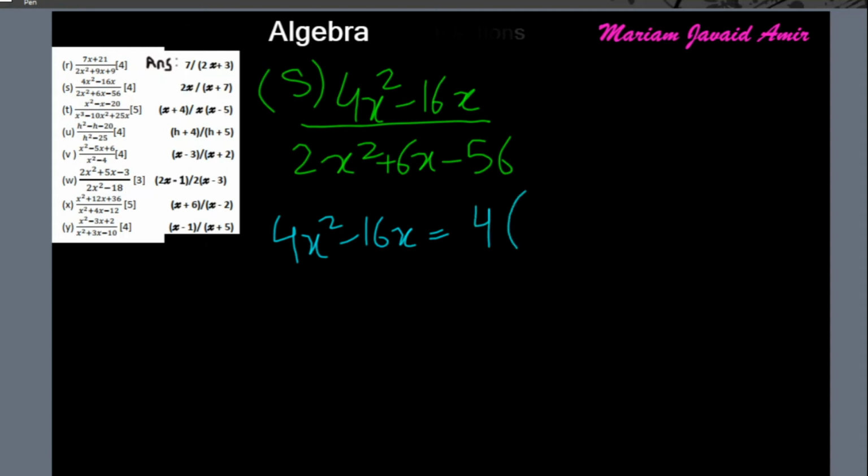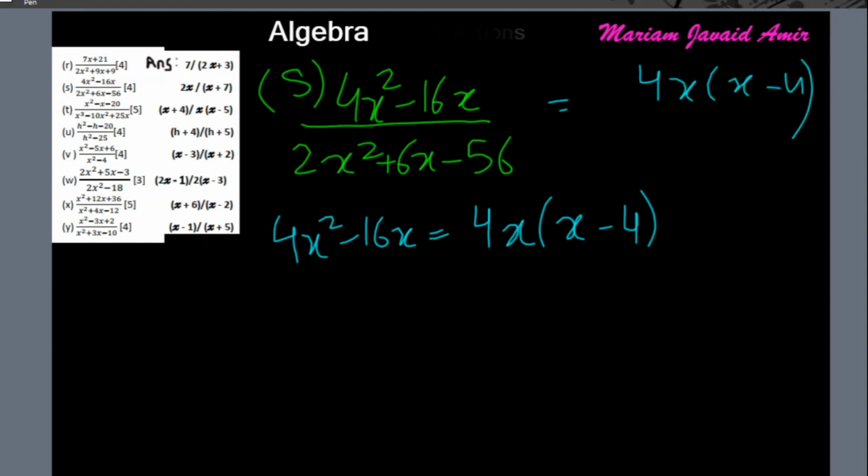Take 4 common, and another mistake, 4 is common and x is common. So take 4x common and we're left with x minus 4. Yes, so the numerator is 4x times x minus 4.